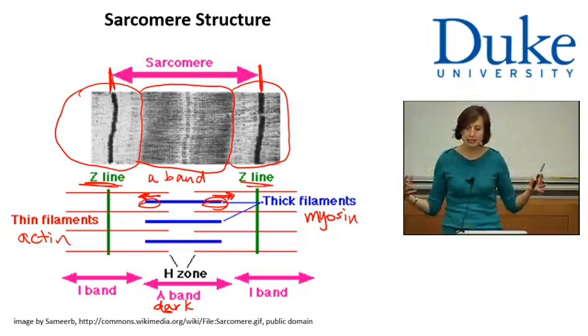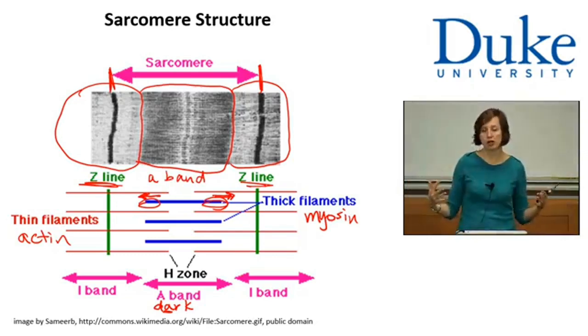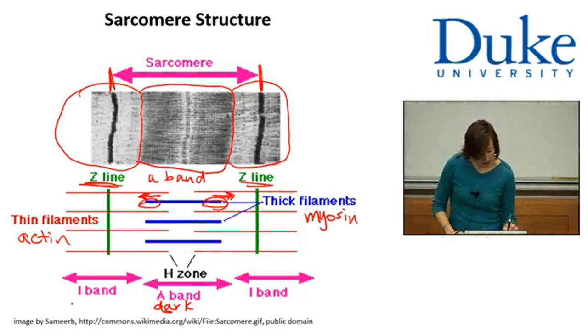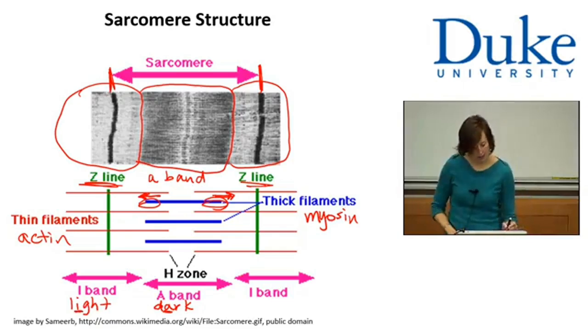The actin stains more lightly, and it's thinner, and you can remember that the I band is where it's light, and light has an I in it. That's where there is only actin. So the I band, this lighter staining portion, is where there is only actin.